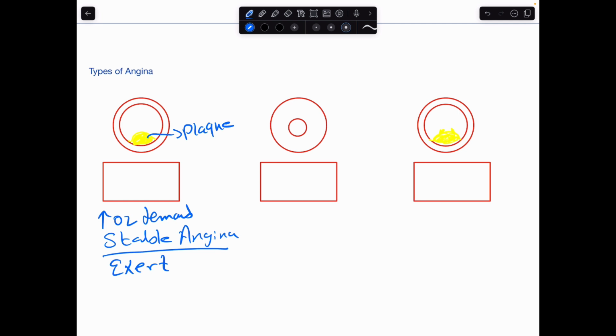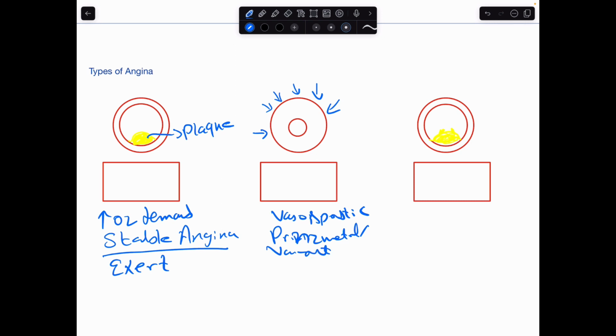Let's look at this one. As you notice over here, the lumen is slightly narrower compared to the other vessel. So it's basically vasospastic. The vessel is getting tighter, so it's vasospastic, or what we also call Prinzmetal, or variant angina.